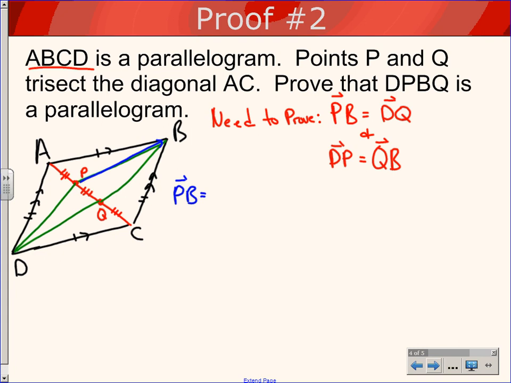So what can we do? We have to change PB into something else. And there are tons of options here. So with more practice with this, you'll start to get ideas of what a better choice would be. For example, if I wanted to, I could change vector PB into BC plus CB. That would work. Okay, let me write that down. I could do this. Okay, that's an option.